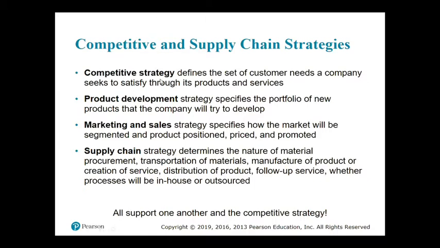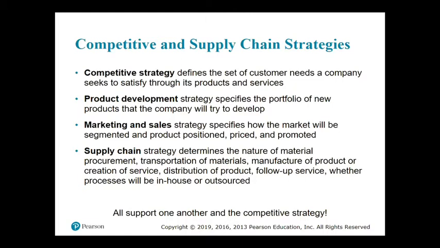So, one example of competitive strategy, for Walmart, is that it aims to provide high availability of a variety of products of reasonable quality at low prices.